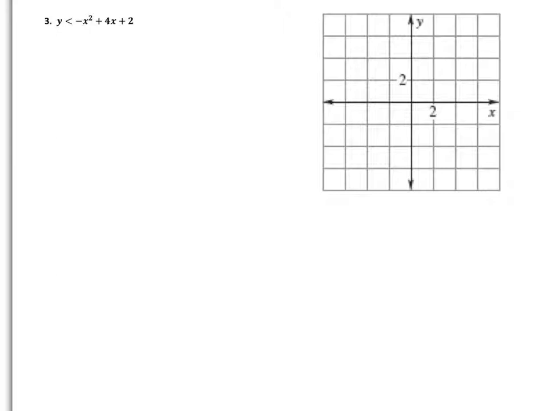So here we go. It's going to be dashed. Set it equal to, so I get -x squared plus 4x plus 2. X equals -b over 2a.